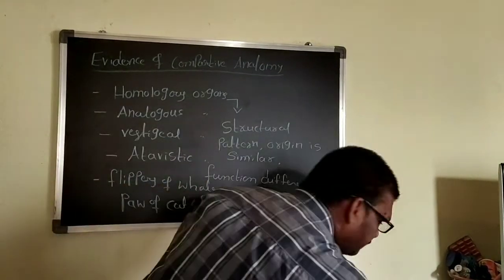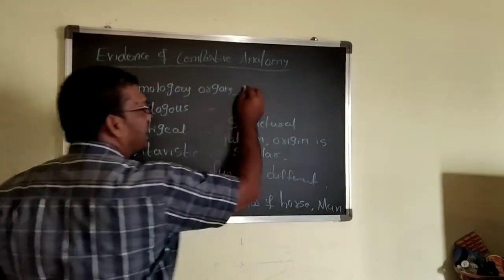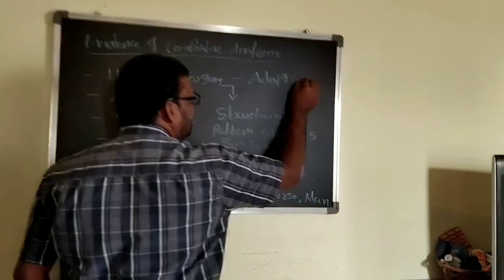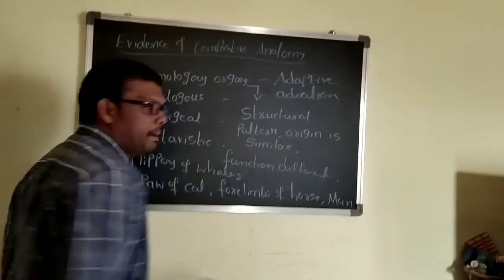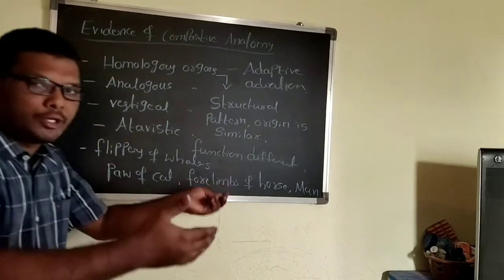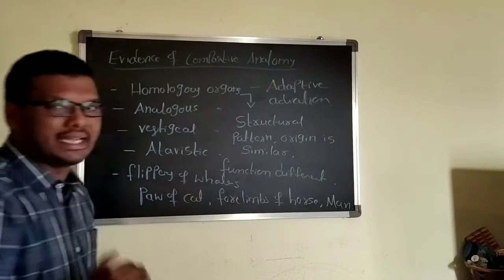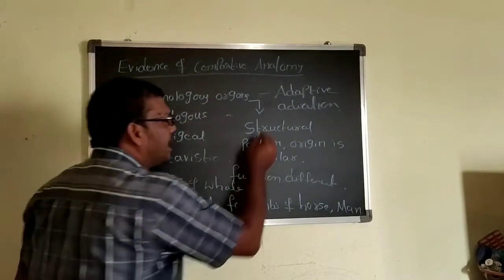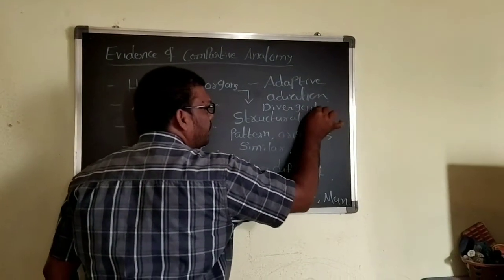That's why homologous organs are also called adaptive radiation. Why is it called adaptive radiation? Structurally similar, but based upon the environmental condition, the organ is adapted to different types of functions. That is called adaptation. Homologous organs also indicate divergent evolution, which is very important.